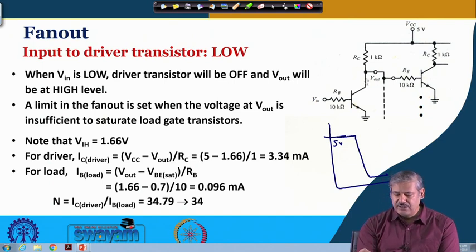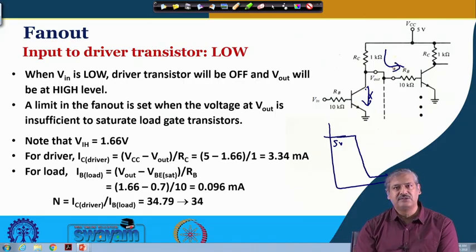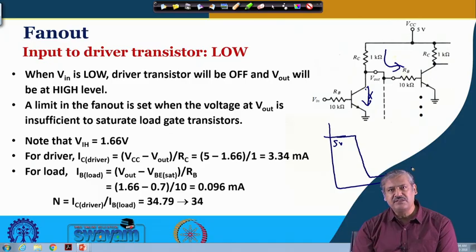There is no current in this direction, but there is a current in this direction, for which there will be an ICRC drop. The more such connections, the more current has to be delivered, and the voltage will keep coming down; it will no longer remain 5 volt.